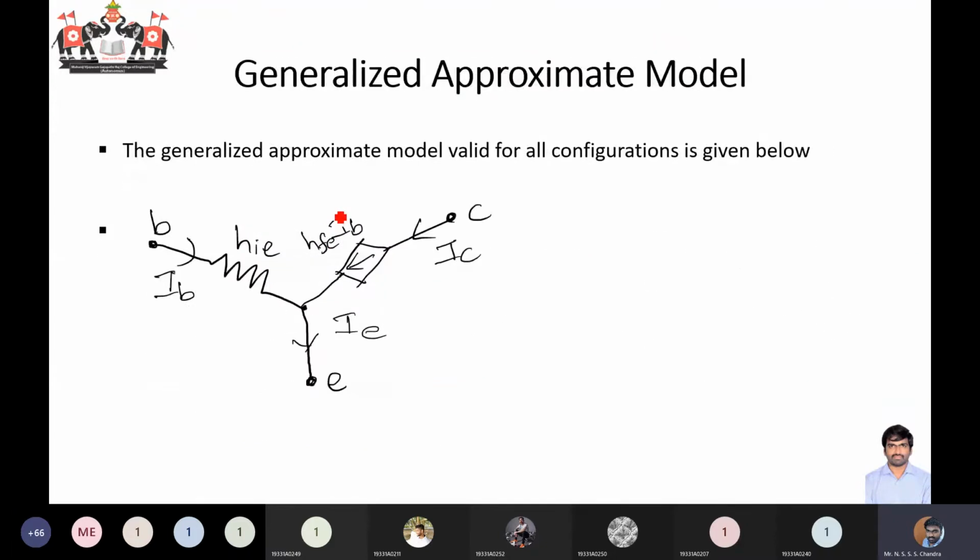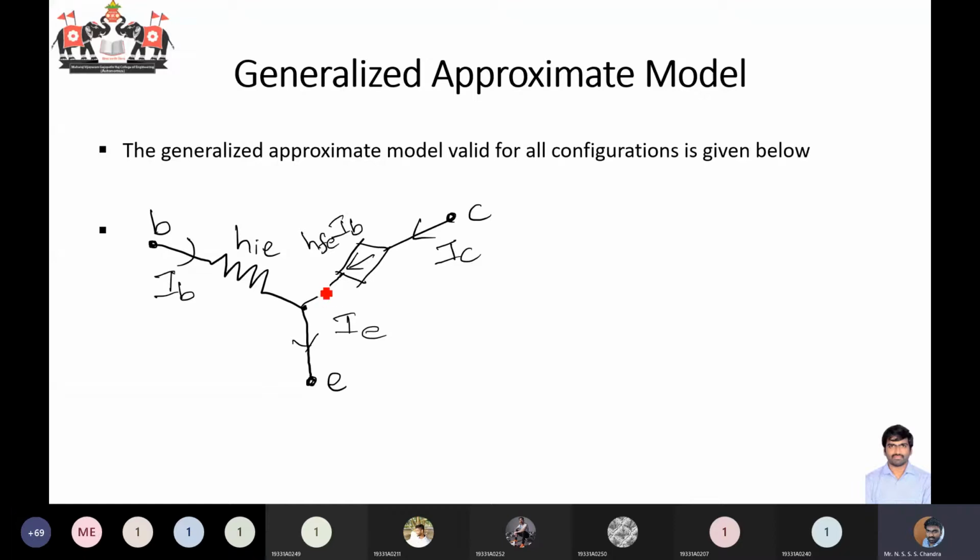Okay, so that's what we are keeping. So between your collector and emitter, we have one dependent current source HFE into IB, and the current flowing through this network between node C and node E is current IC. Okay, so this is for your general transistor.